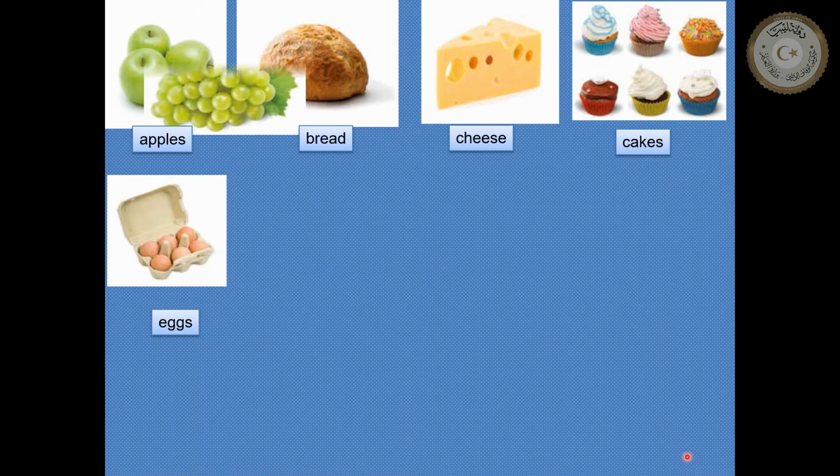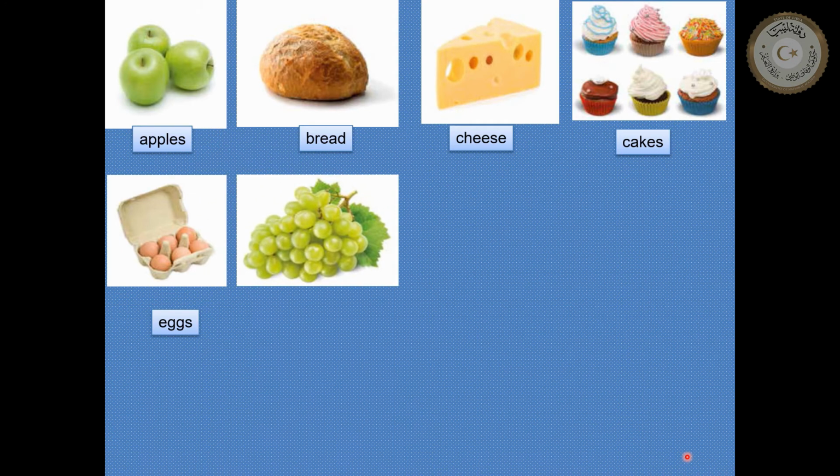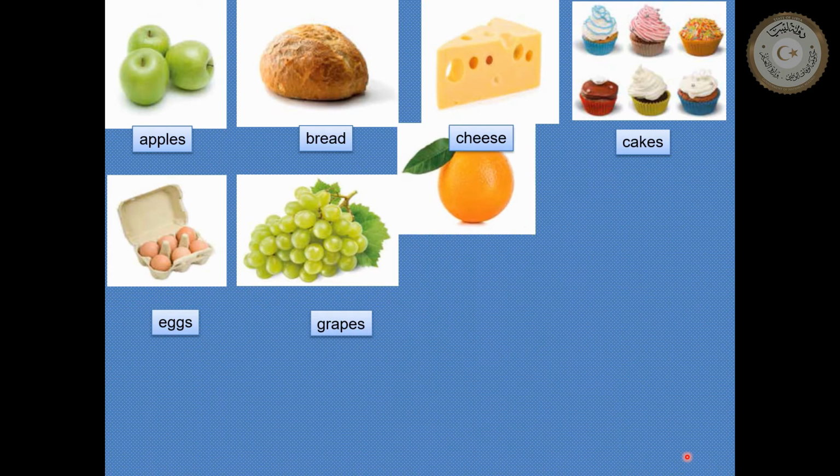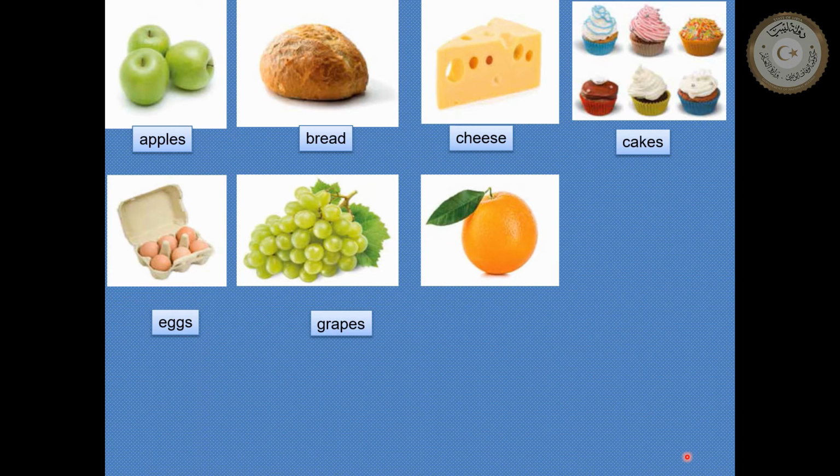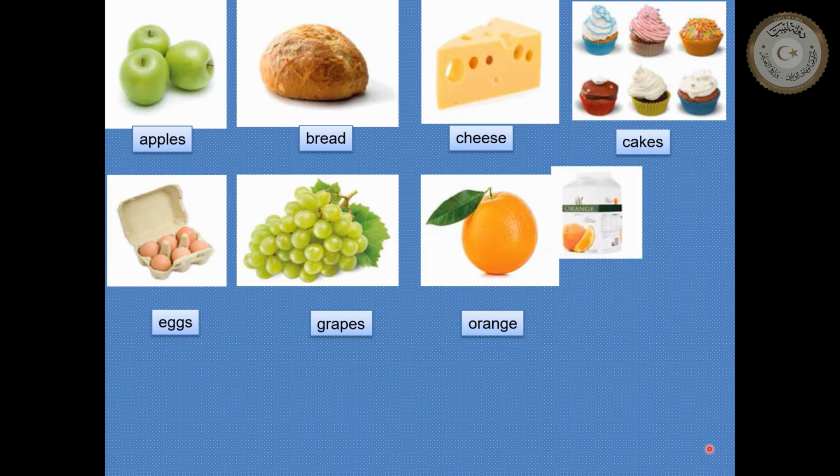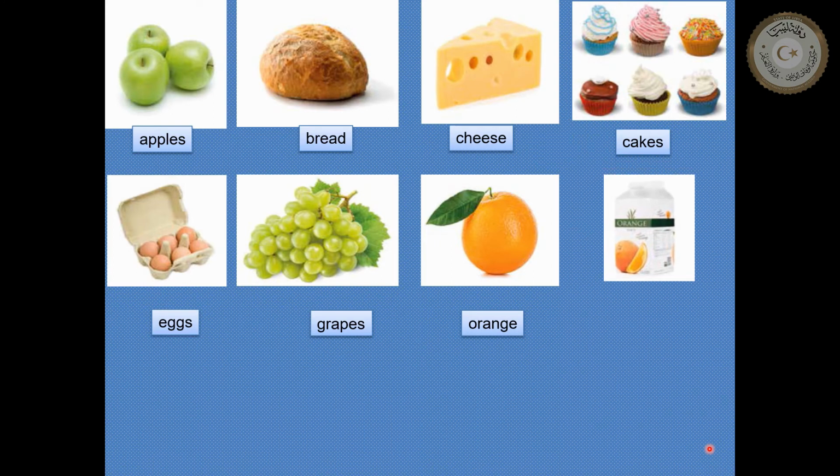Excellent. Grapes. Oranges. Orange. How many oranges do we have? 1. So there is an orange. There is an orange. Let us see another thing.